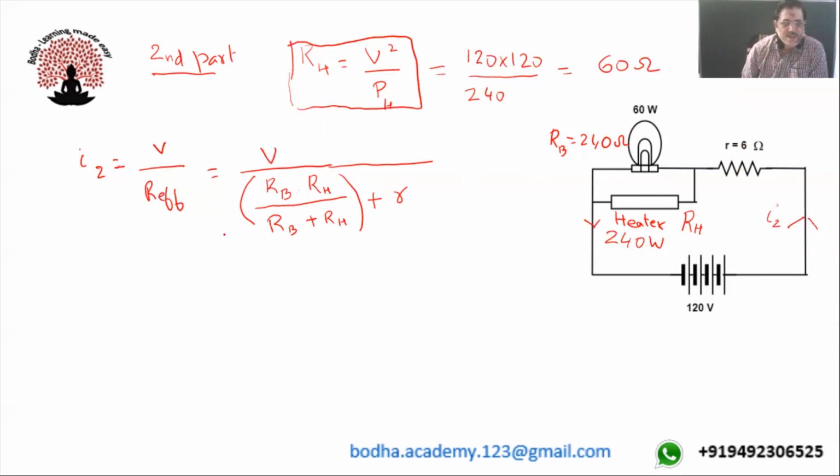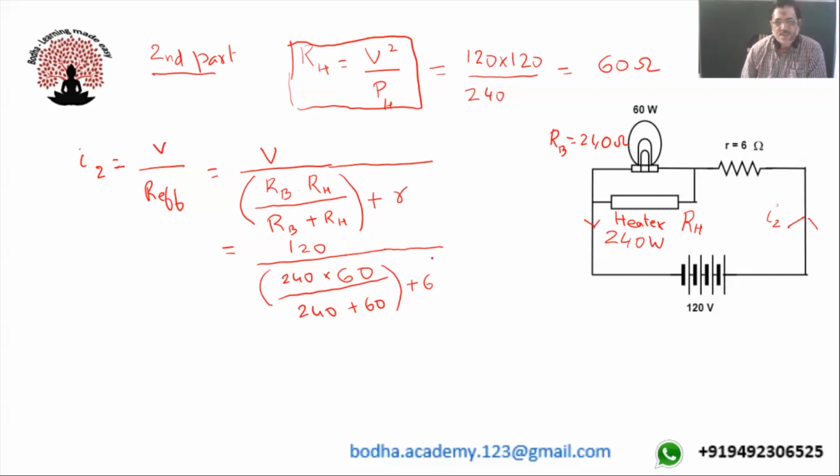So we can write the applied voltage 120 divided by the resistance of the bulb 240 into the resistance of the heater, 60 ohms, divided by 240 plus 60, whole thing plus the smaller value, 6.